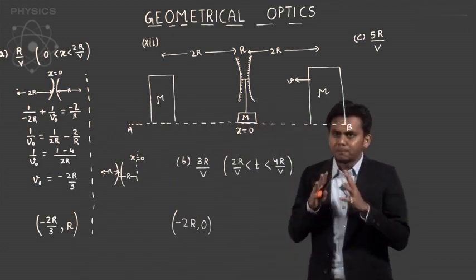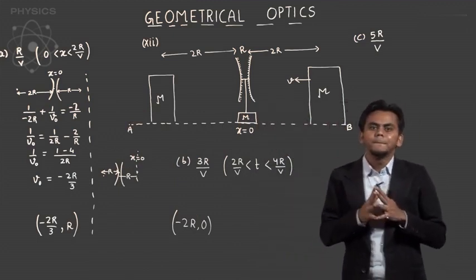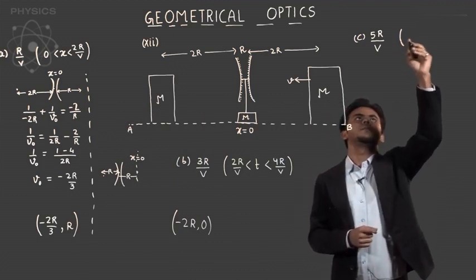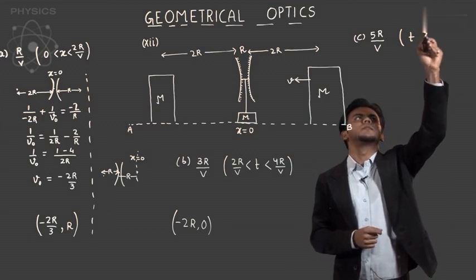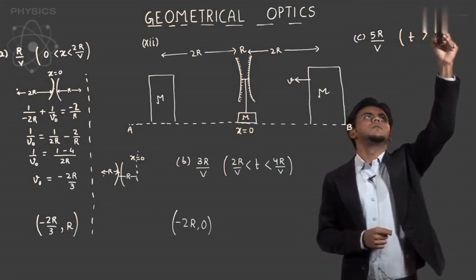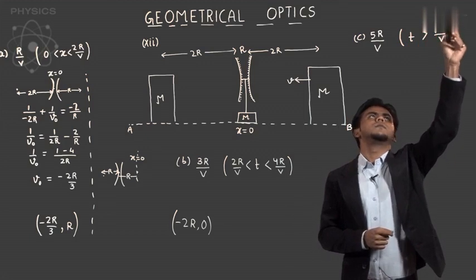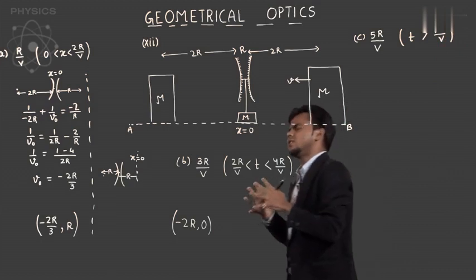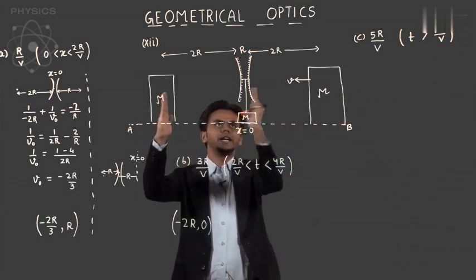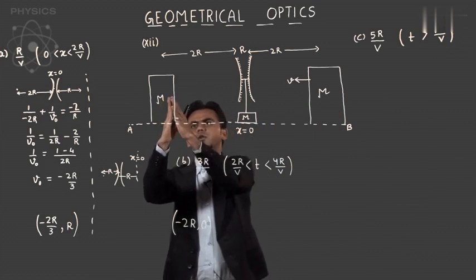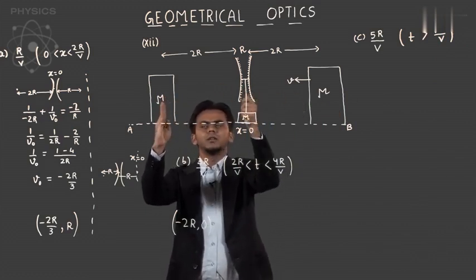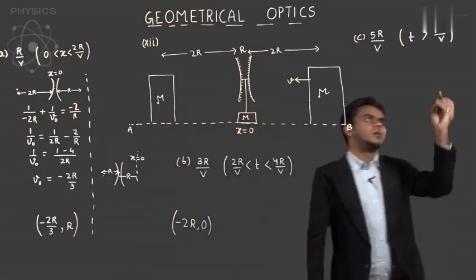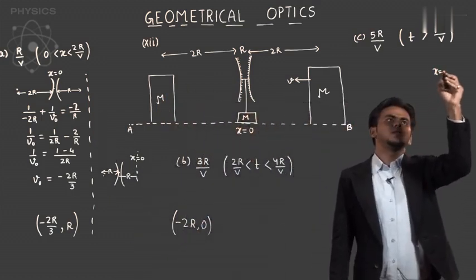What about the third part? Where does this belong? The third part belongs in the category of time greater than 4r by v. What do you mean by time greater than 4r by v? It means this has collided with the mirror, the mirror starts proceeding and collides with this mass. So this mass is now here, the mirror is here, and this mass has further proceeded here. So if I draw, this is your x equal to 0.